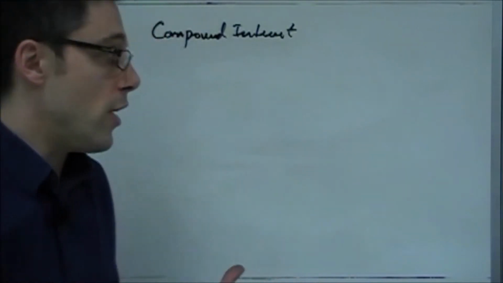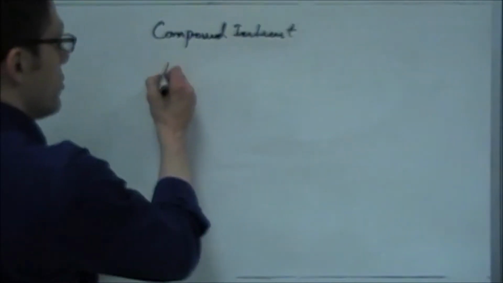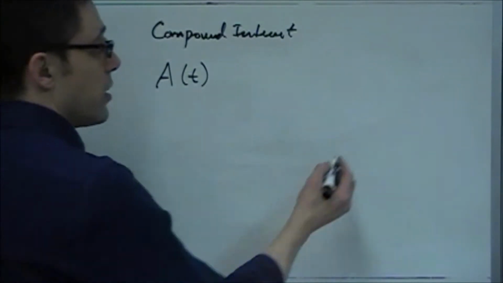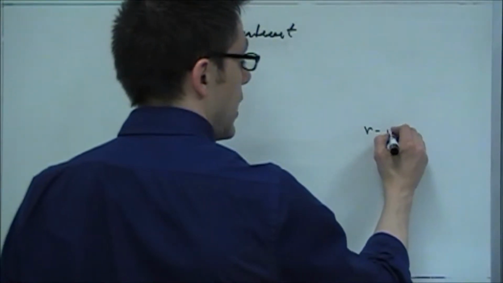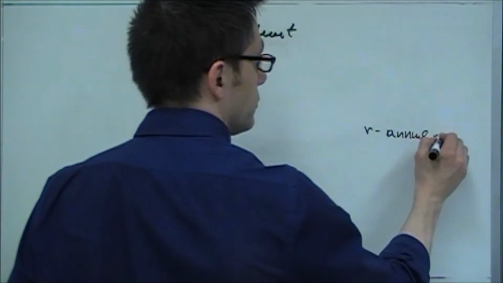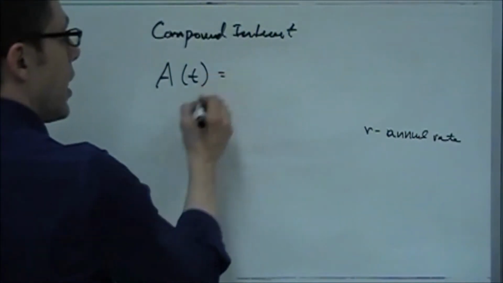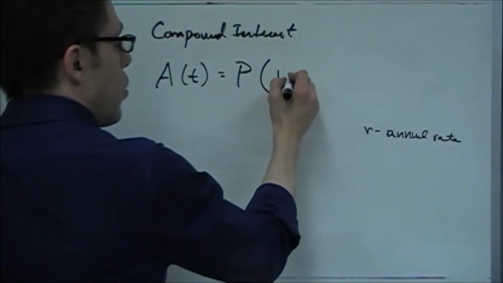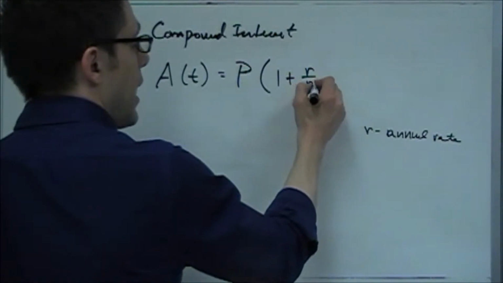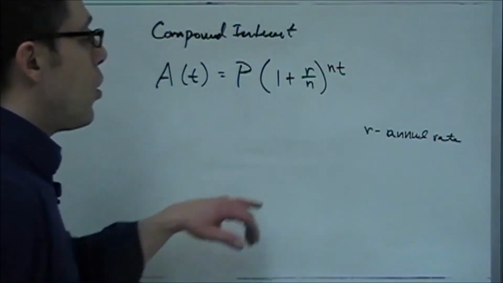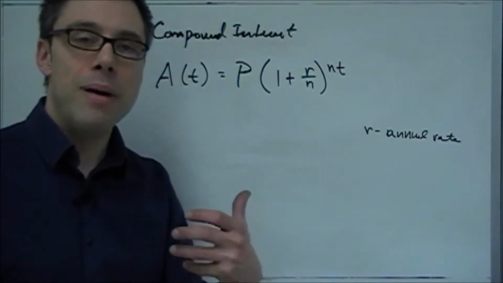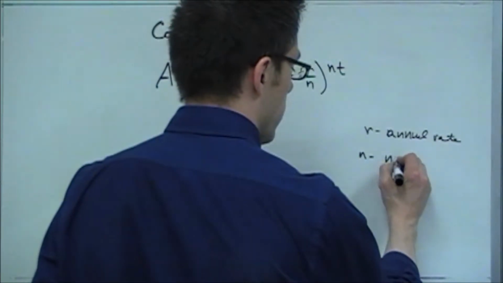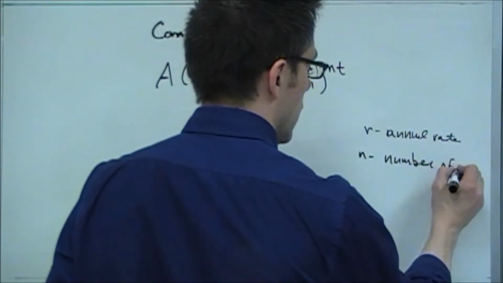And we have a general formula for that. If we're talking about compound interest and the amount of money in some kind of account with an interest rate R, where R is my annual interest rate, then in general it's P, which is the principal, multiplied by 1 plus R over n, to the nt, where n is the number of compounding periods per year.